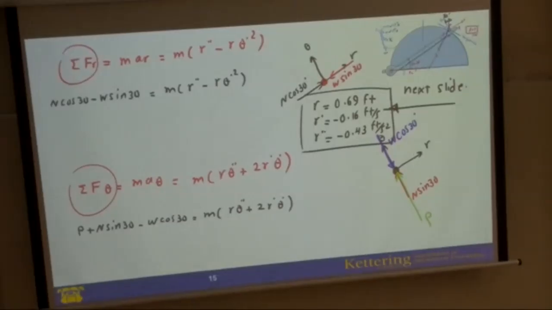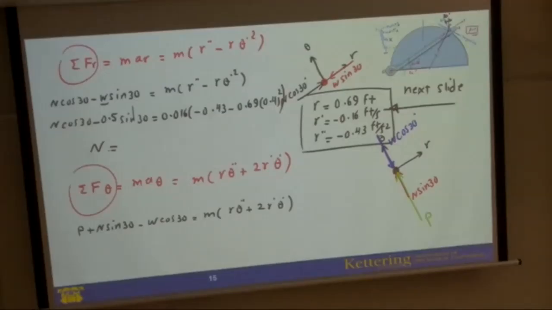Then substitute the values. N cosine 30 minus the weight 0.5 sine 30 equals 0.016 times (r double dot, minus 0.43, minus r 0.69 theta dot, it is 0.4 squared).